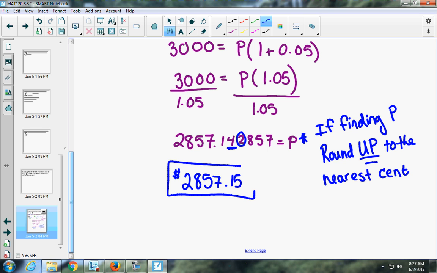The reason is, if we put in $2,857.14 right now, we will be a little bit shy of our $3,000 2 years from now, because we really need this extra part of a cent to get to exactly $3,000. So we always round up because it's better to have a little bit of extra money at the end than not enough money.